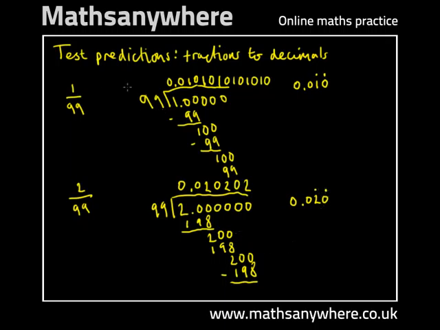If we wanted to predict what, let's say, 27 over 99 was as a decimal, you might be able to look at these two results and make a prediction.